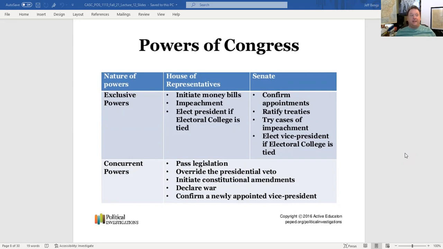And then if the Senate had a 50-50 or maybe even a Democratic majority, they could have, according to this, technically elected Kamala Harris to be the vice president. That would have been interesting. And then the two chambers have powers that they share: passing legislation, declaring war, things like that.